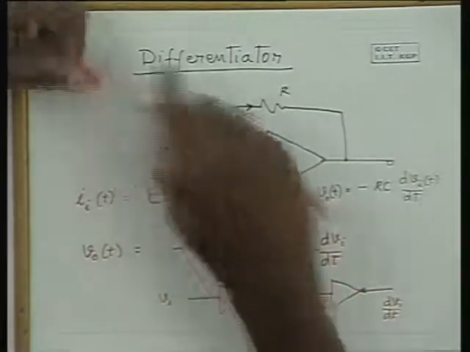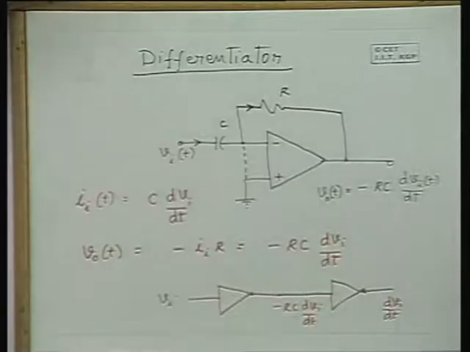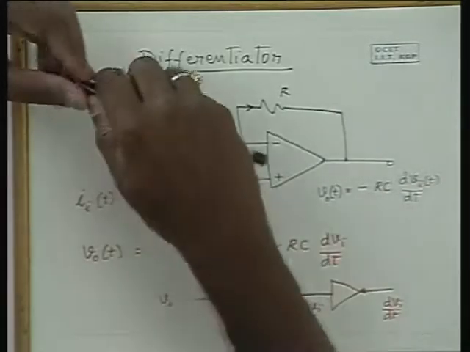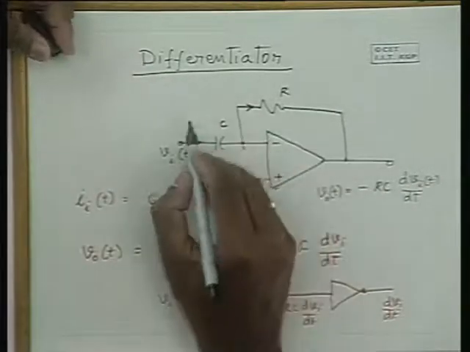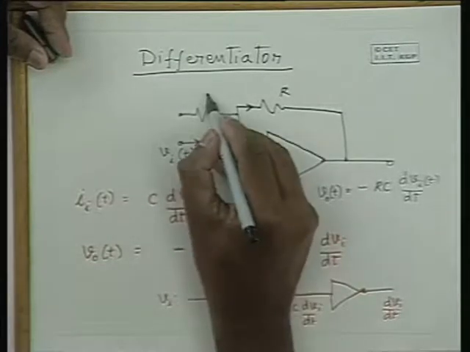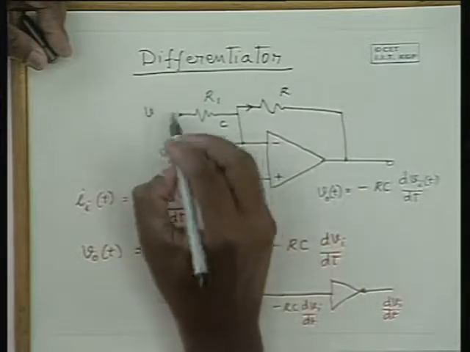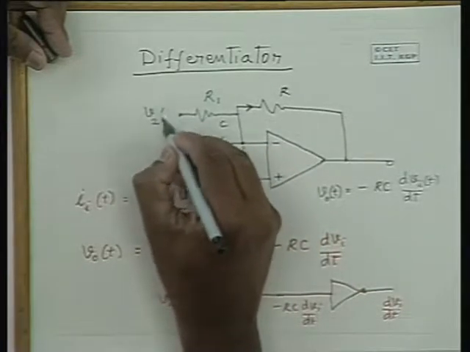In this particular example, I introduce a resistance here with value equal to R1 and I apply a voltage V2(t).